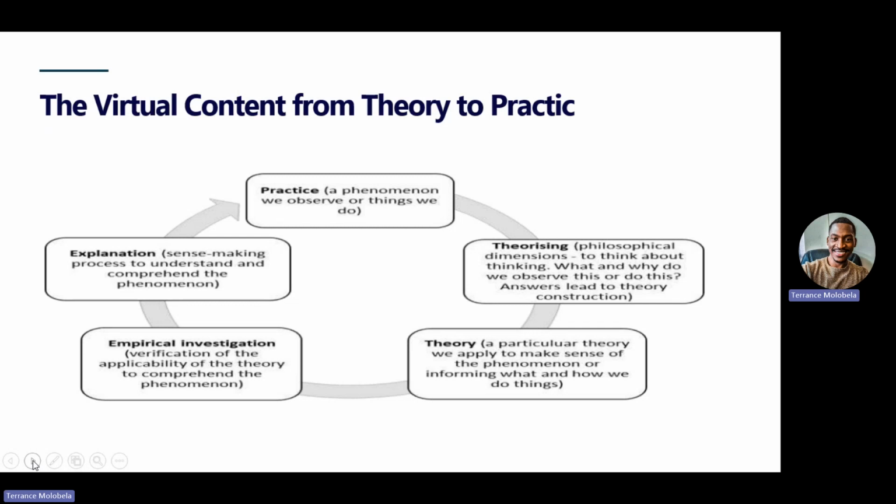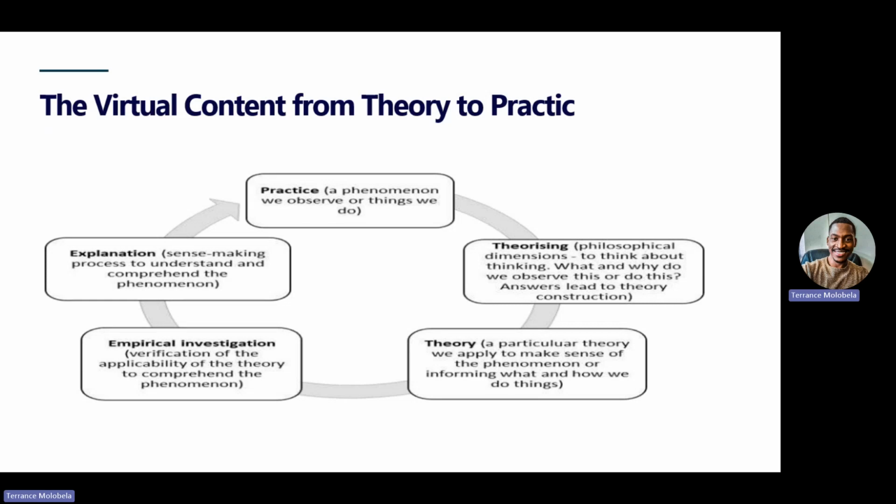Here you first understand that one thing you must know is that theory is a particular theory we apply to make sense of the phenomenon or to inform what and how we do things. That is theory. And then theorizing. What is theorizing?